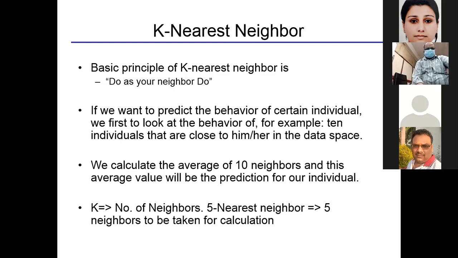Suppose 10 neighbors and 8 are categorized as class C1. Then obviously any new data that comes will also belong to class C1. The value of k is variable, and it defines the number of neighbors you look at around you. If you take 5 nearest neighbors, the value of k is 5, and you are looking at 5 neighbors around you.